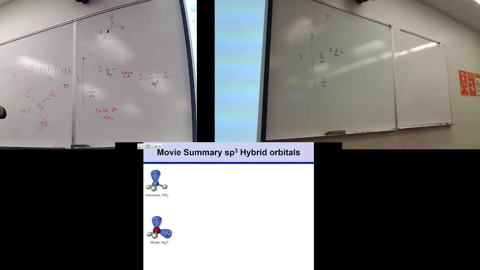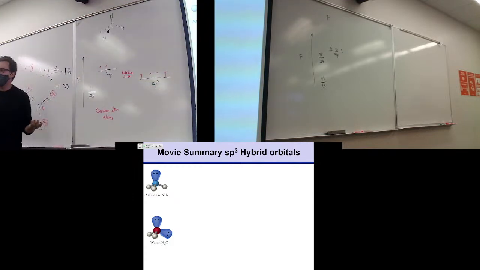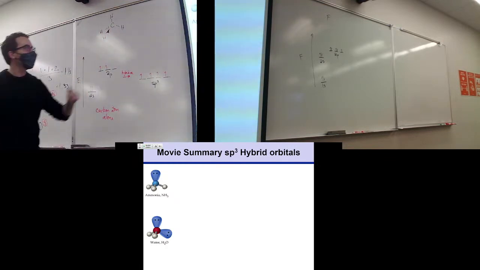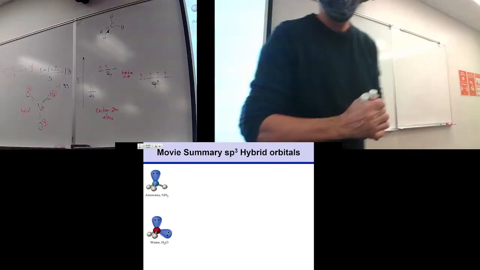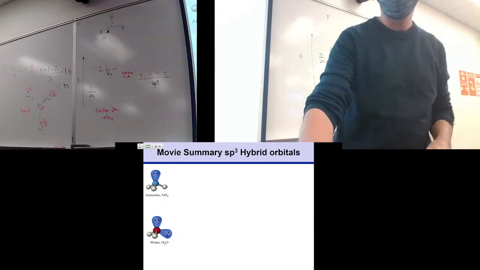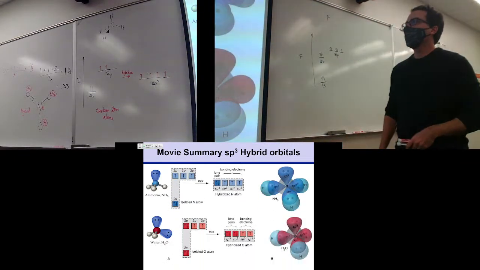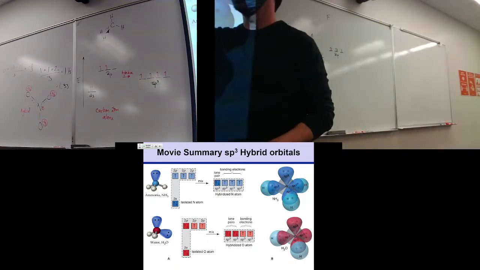The orbitals, again, they mix together, create these new orbitals that have new shapes, and those are what bond with the hydrogen s orbitals. So now we get to ammonia and water. The same thing happens. We get sp3 hybridization because it's tetrahedral electron geometry. But it's a little different because ammonia has 5 valence electrons.